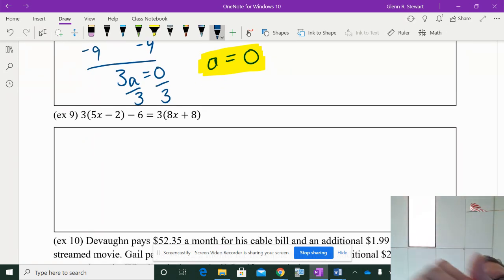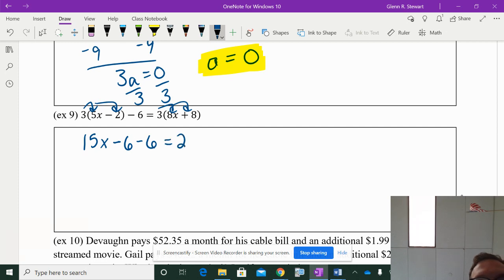Example number 9, I'm going to distribute first to both of these. The reason that I distribute is because that minus 6 out here is kind of off in limbo. So 3 times 5 gives me 15x minus 6 minus the other 6 is equal to 24x plus 24.